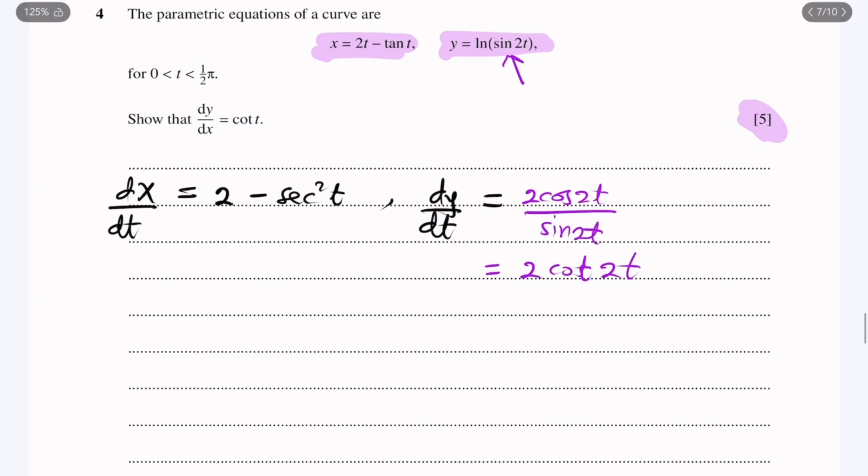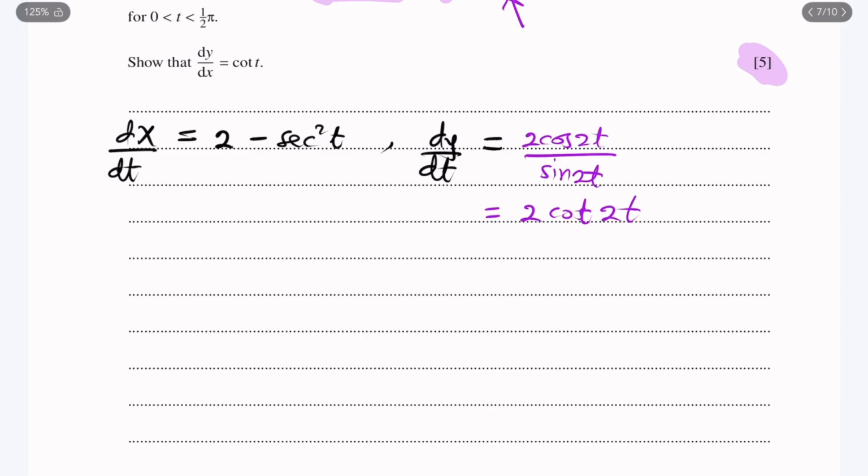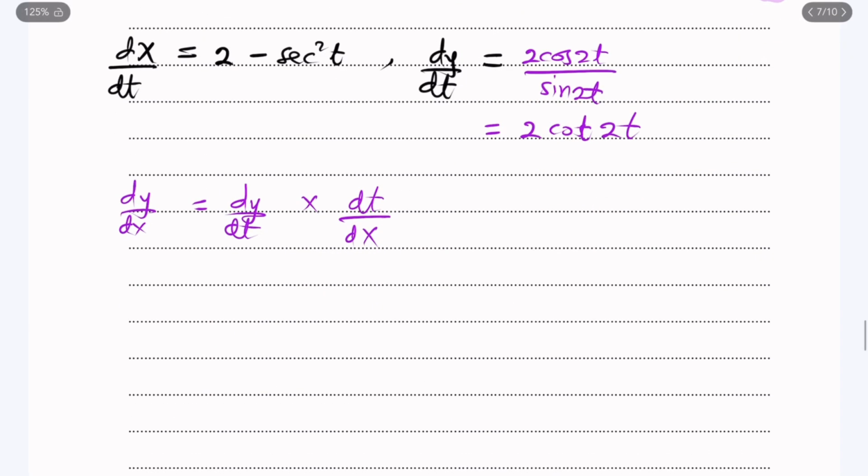Okay. And now we know that our dy/dx is really going to be dy/dt times dt/dx. So our dy/dt is 2 cot 2t times dt/dx, which is the flip of this.